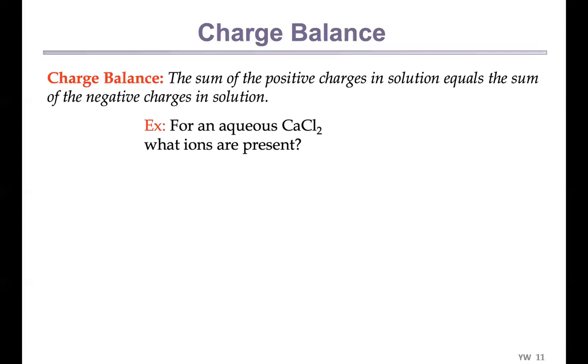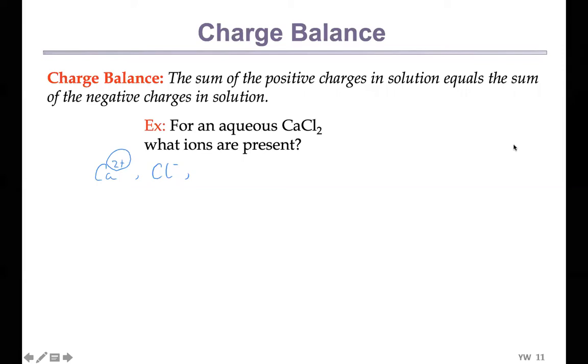Ca and Cl. Yeah, we have Ca, pay attention to the charge, okay? We have Cl. And what else? H plus and OH minus. H plus, OH minus, okay? So that's what we have.